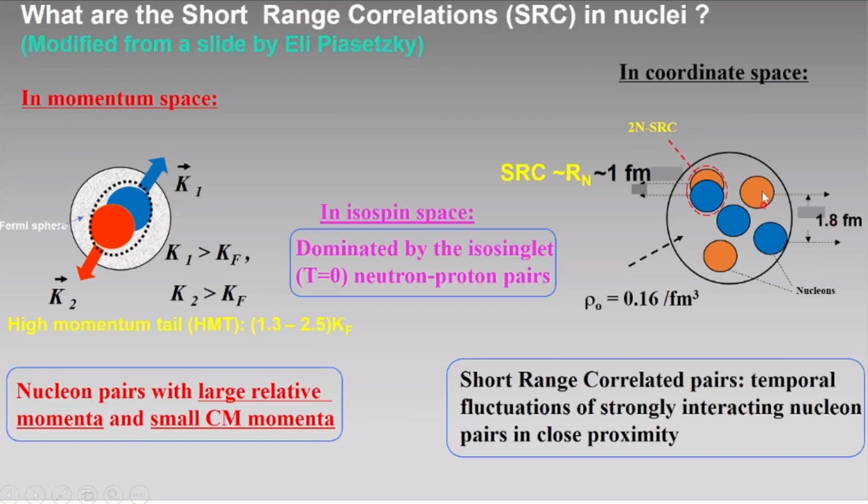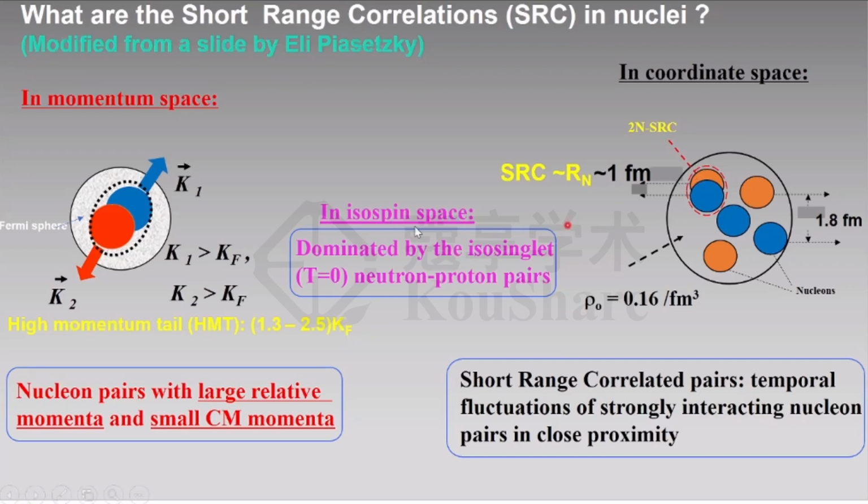But occasionally, some pairs of nucleons may bump into each other, where they will be very close to each other, so close that they will start feeling the repulsive core of the force between the two nucleons. So short-range correlation describes the occasional getting together of two nucleons to start feeling the repulsive core or the short-range tensor force. That's something I'm going to discuss in a few minutes.